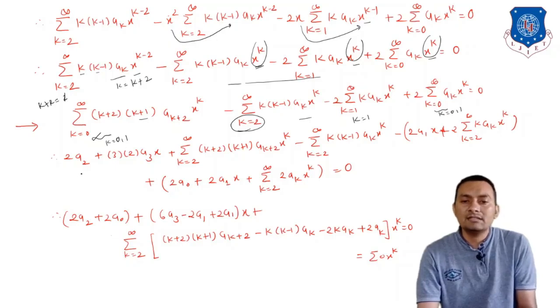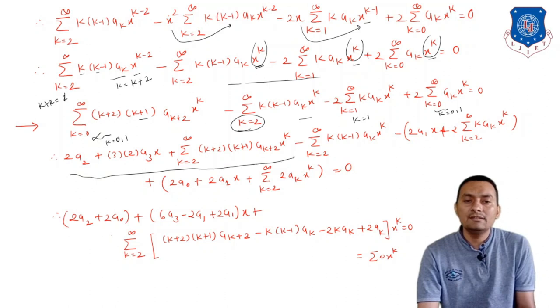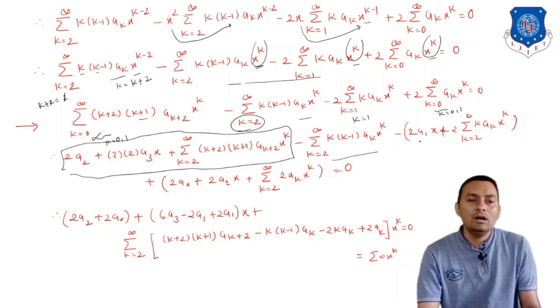So this is the first, k equal 0 and 1, so we will get this one that you can see, and you can also verify. This is k equal to 0, and this is also for k equal 1, and then after we have started with k equal to 2 onwards, so that also you can verify. Now last, this is k equal 0 and k equal 1, and then after k equal to 2 onwards, that is what we have.